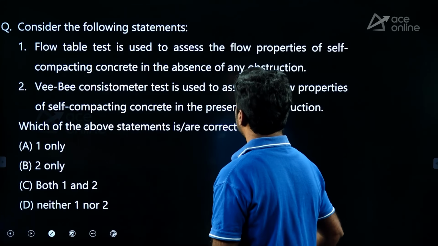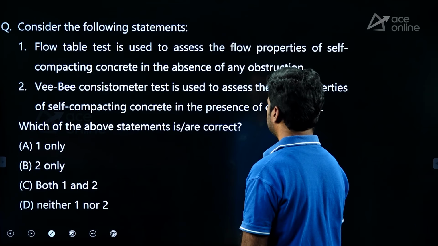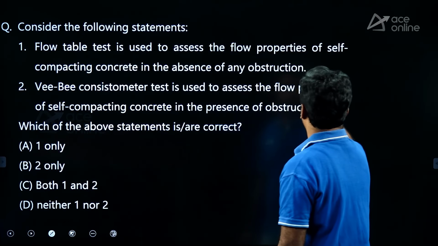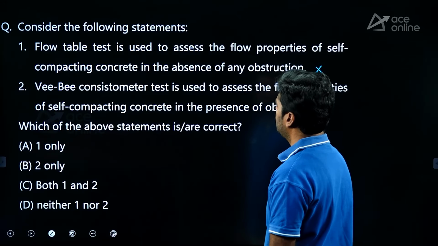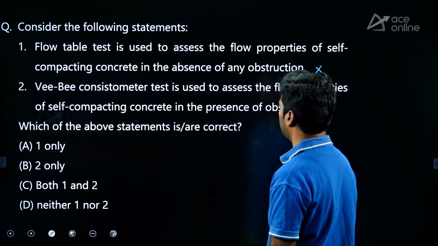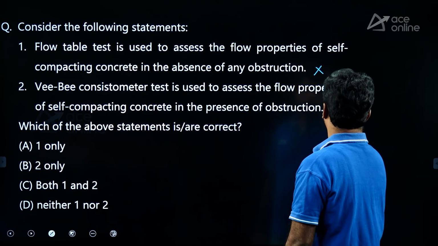Flow table test is used to assess the flow properties of self-compacting concrete in the absence of any obstruction. No, false. VB consistometer test is used to assess the flow properties of self-compacting concrete in the presence of obstruction. No, false.